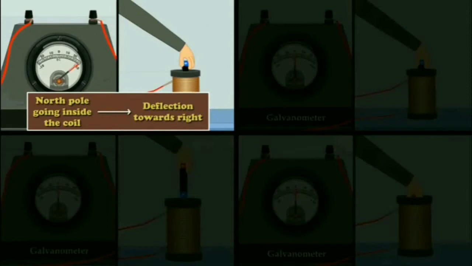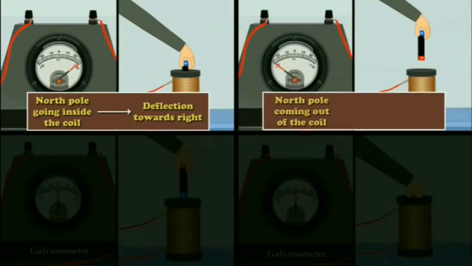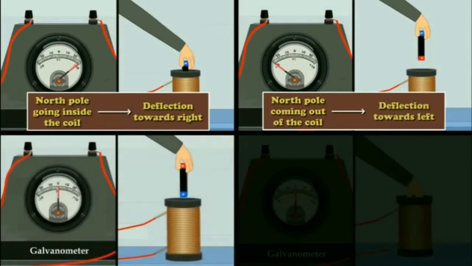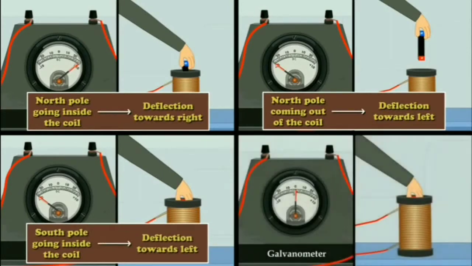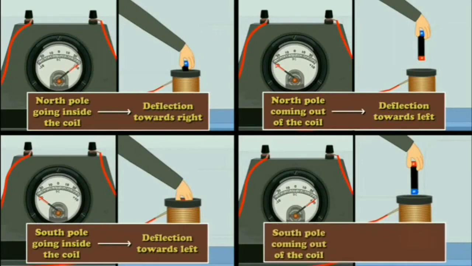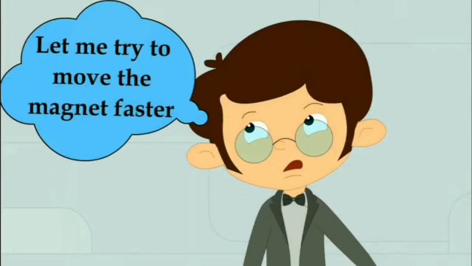If the north pole goes inside the coil, the deflection of the galvanometer was towards the right. If the north pole comes out of the coil, the deflection is towards the left. When the south pole goes inside the coil, the deflection was towards the left. And finally, when the south pole comes out of the coil, the deflection was observed to be towards the right.